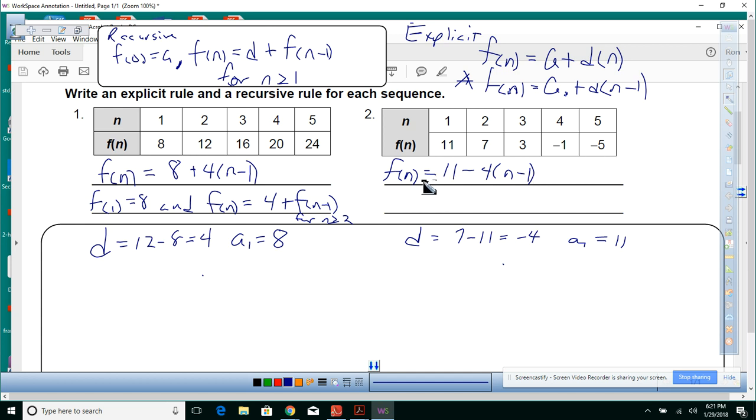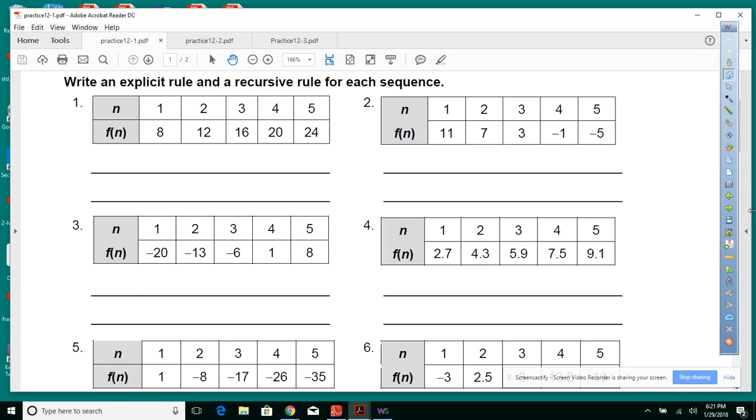For the recursive, we would have f of 1 is 11 and f of n would be f of n minus 1 minus 4, for n is greater than or equal to 2. All right, not a problem.